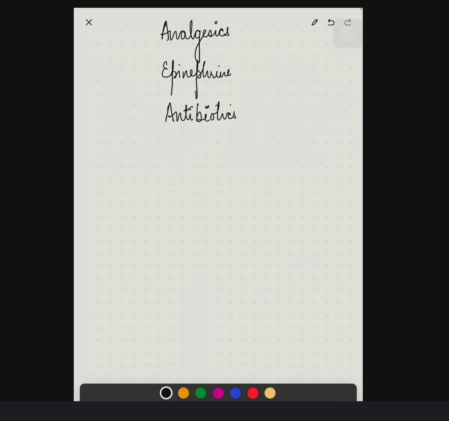So we are left with analgesics, epinephrine, and what else? Antibiotics, and some common interactions.